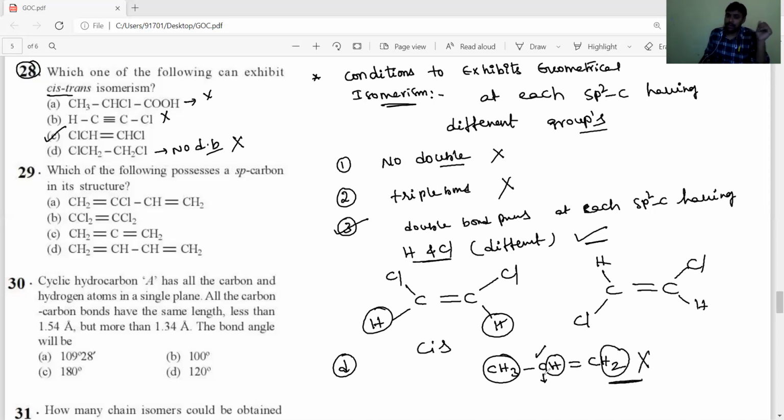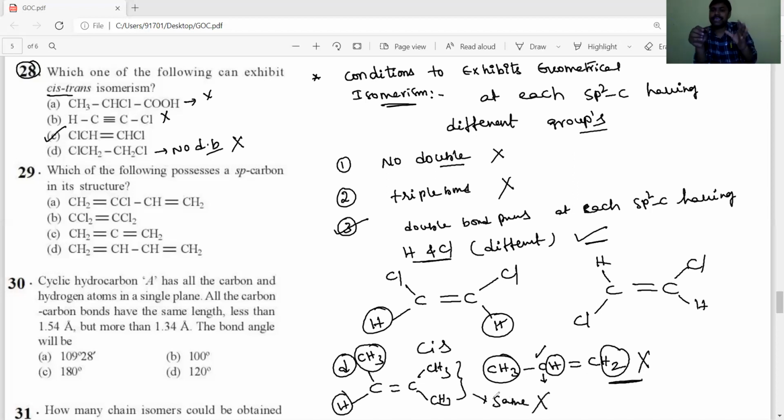Like this type of compound they will give. For example, carbon and carbon, here CH3 and CH3, and here CH3 and H. These are different groups, but these are the same, so it does not exhibit.